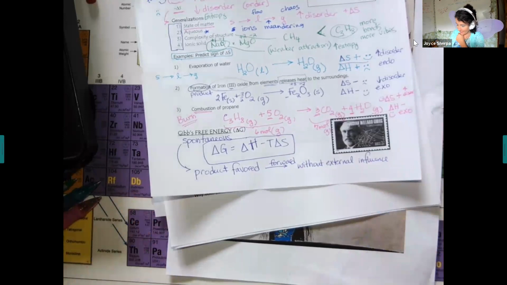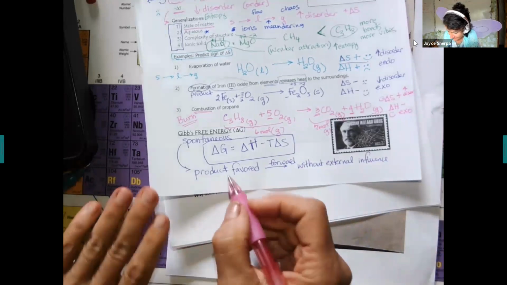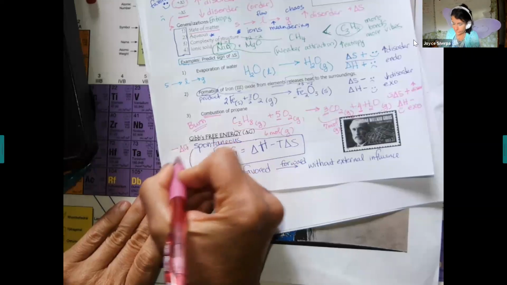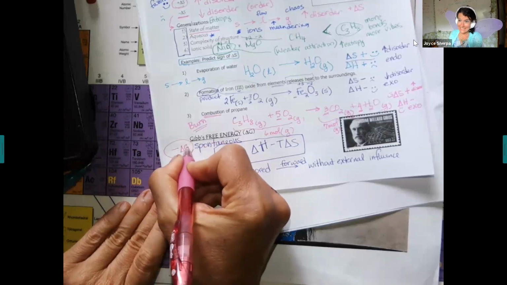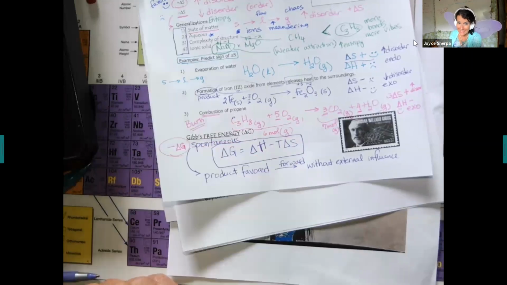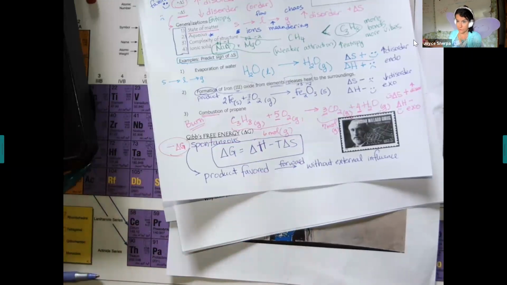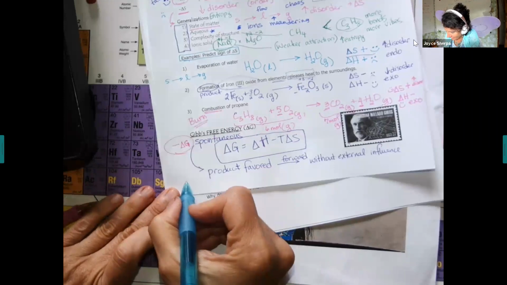So spontaneous is negative delta G. So this is unfortunate. It drives most students crazy. A negative delta G means spontaneous. It's just how the numbers worked out. If you have a negative delta G, it's a go, where it's moving forward. So positive delta G, I don't have enough room.